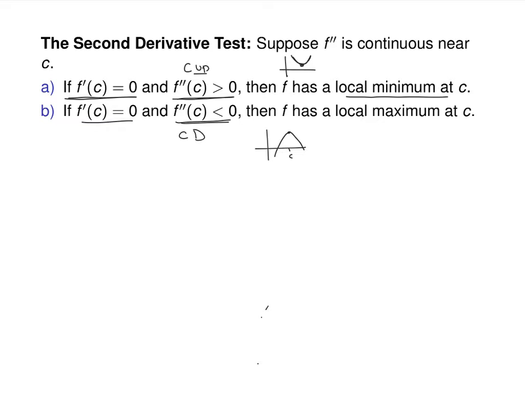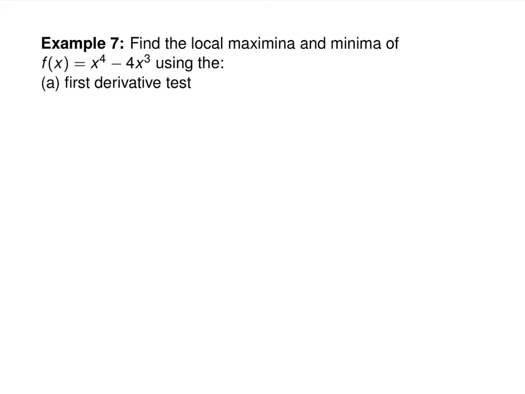Okay, that second derivative test is only useful if taking the second derivative is easy. If taking the second derivative is hard, you just make a number line, you don't want to use it. We will use it a lot in a later applied section in this chapter. So for now you have to know it, and then we'll use it a lot more later. So let's just do one using both tests.